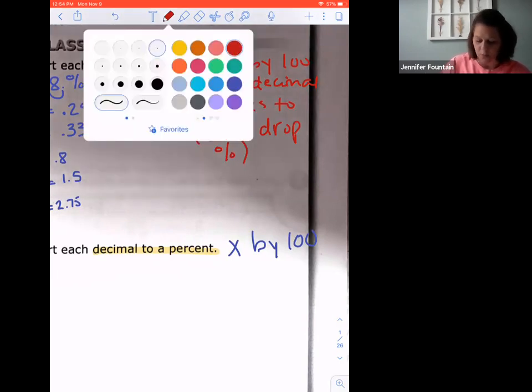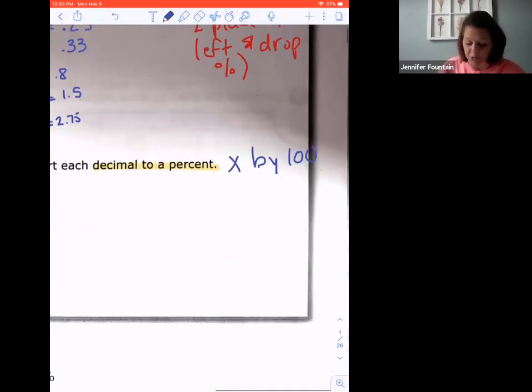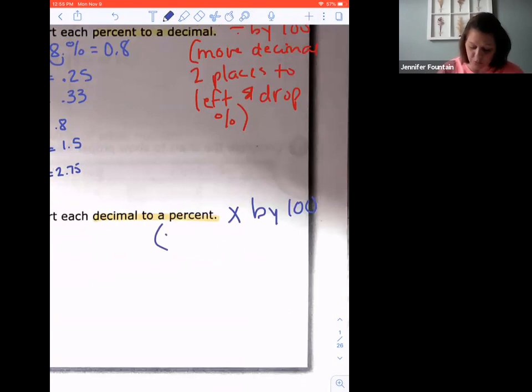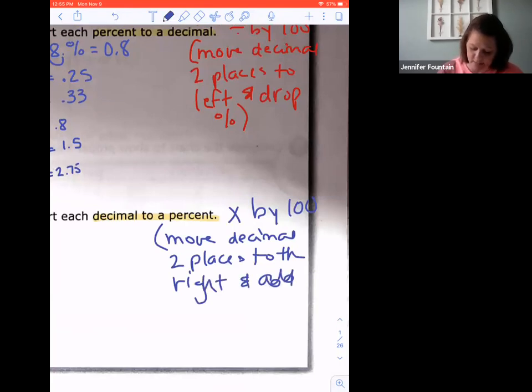So now with multiplying by 100, that means I'm going to move the decimal 2 places to the right and add my percent sign, okay?